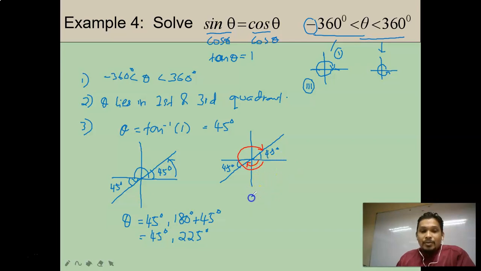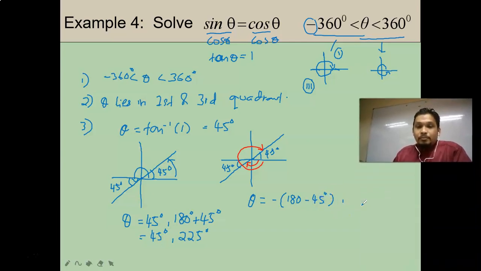Okay, so theta is negative of 180 minus 45. Half of the circle here is 180, so 180 minus 45, and the other one here is negative 360 minus 45.